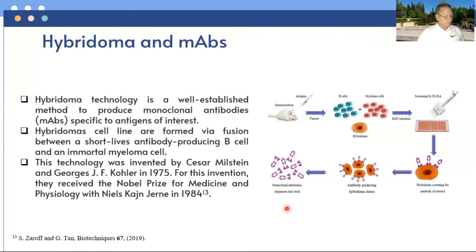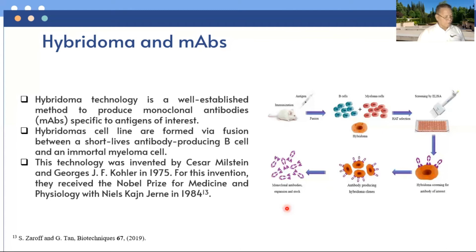Each hybridoma constitutively expresses a large amount of one specific monoclonal antibody, and the hybridoma cell line can be cryopreserved for long-lasting monoclonal antibody production.